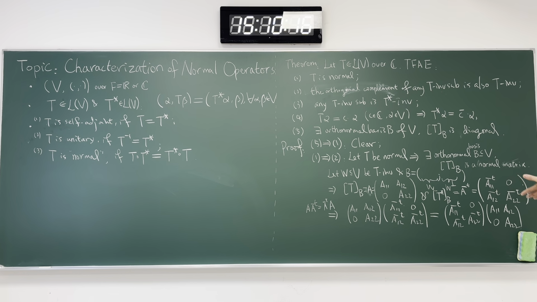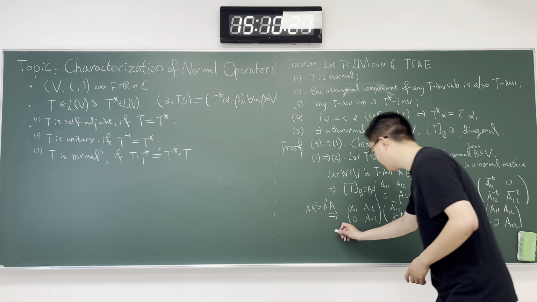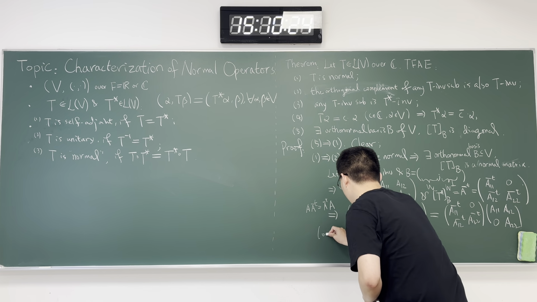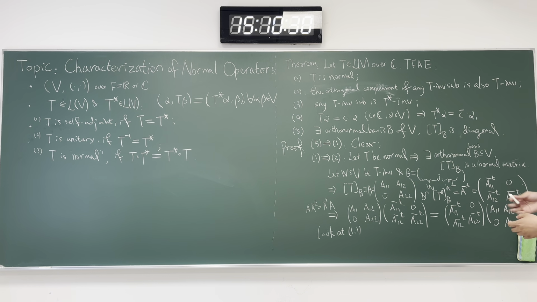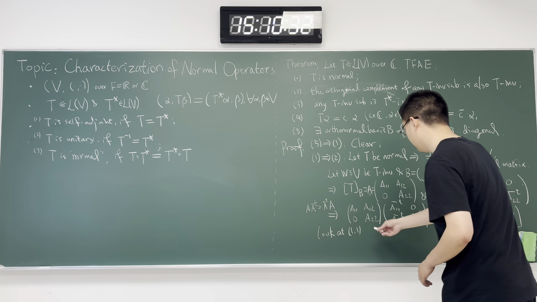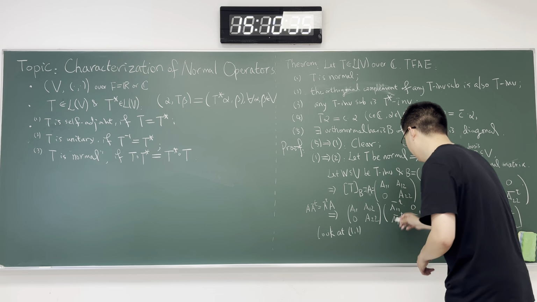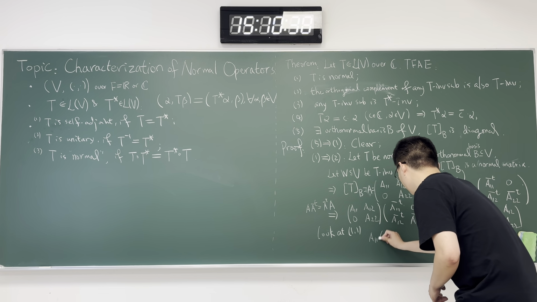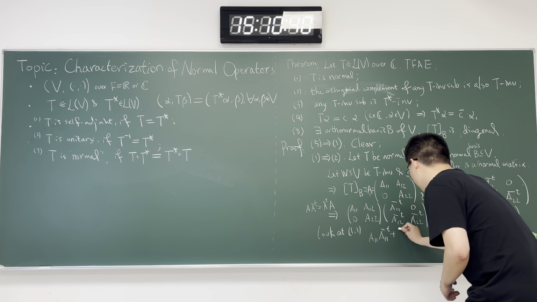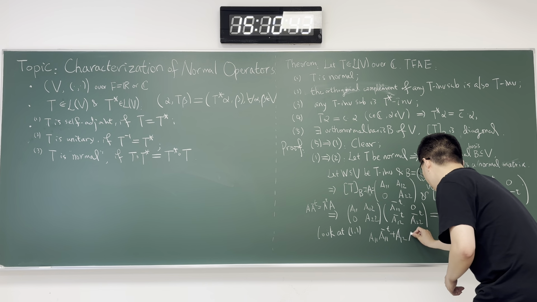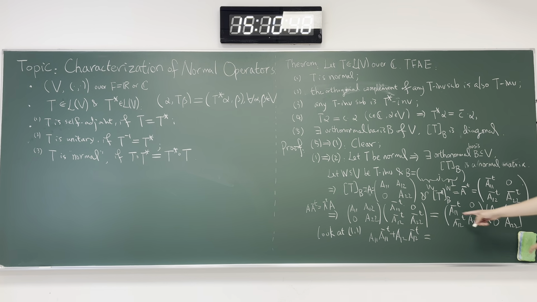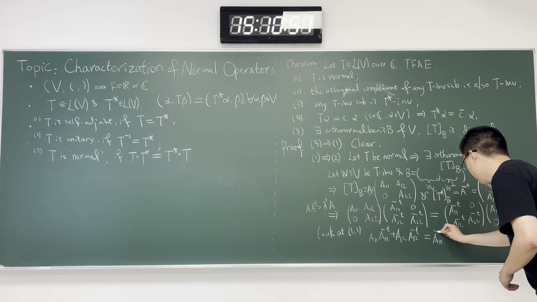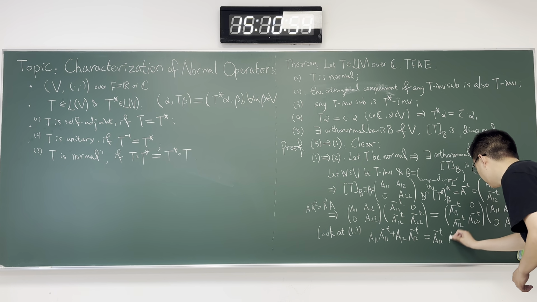Okay, that's fine. So this is a matrix equation, and we should extract some useful information from this. For example, we may look at the first row with the first column, say, and the left-hand side equals A11 times A11 conjugate transpose plus A12 times A12 conjugate transpose, and the right-hand side just equals A11 conjugate transpose times A11.